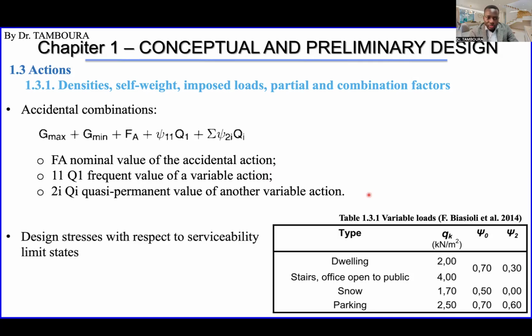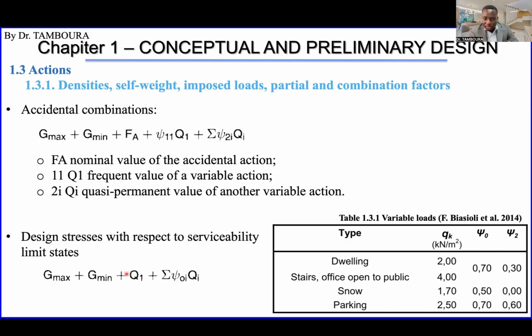So in the case of design for the serviceability limit state, this is the combination you have. You can see that it is similar to the first combination in the previous slide, but we don't have a partial factor here. Before it was 1.35 here, and here it was also gamma Q. We don't have it here.